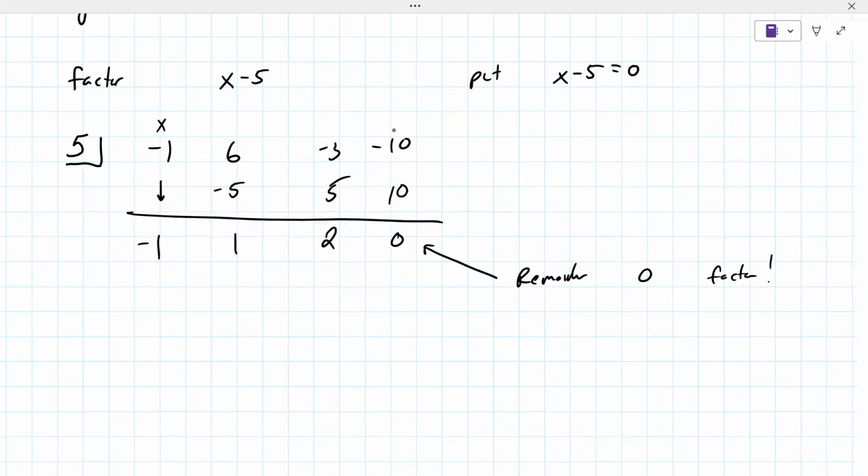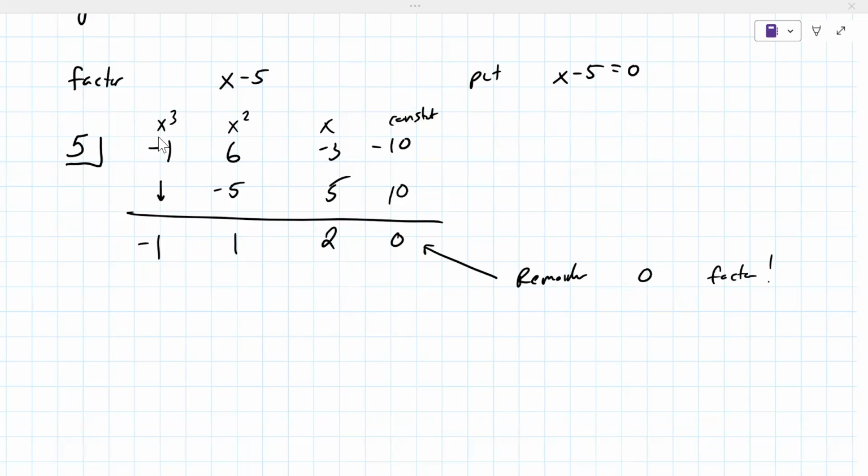Okay, so it was minus 1x cubed plus 6x squared minus 3x minus the constant there. What is the new thing as a result of this? Oh, -1x cubed. Nope, because when you divide, it goes down by a degree.